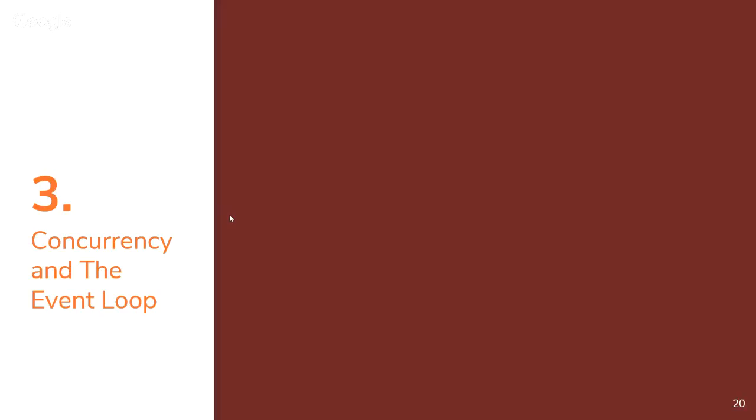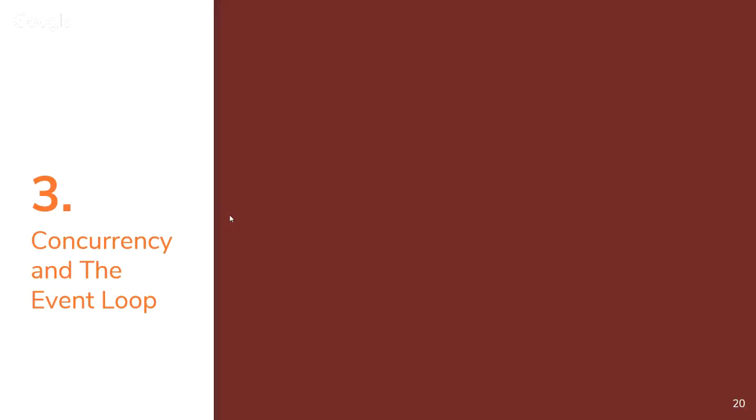So concurrency, just as a definition, for those that don't really know what that means from English, it's the simultaneous happening of something. So in programming terms, it relates to threads.